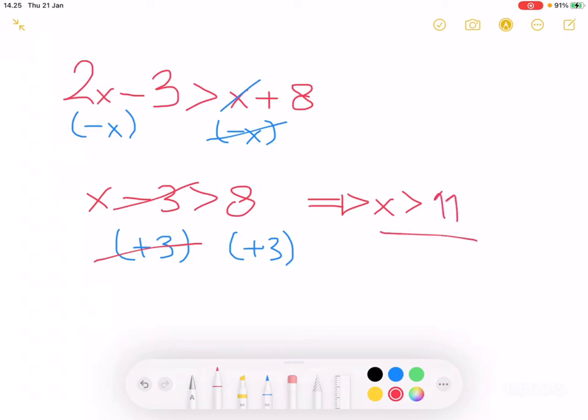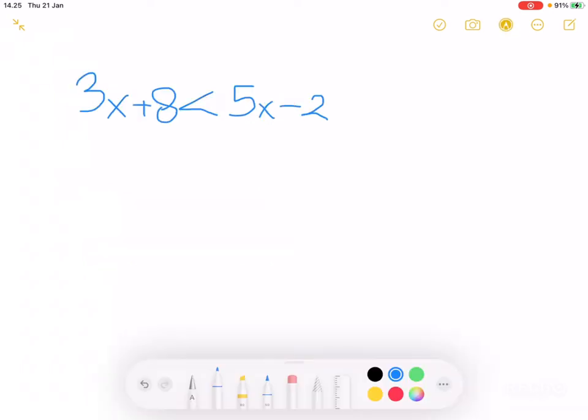Let's go to another example using those two tips. This is the second example, and what you do first is either subtract 3x or subtract 5x.